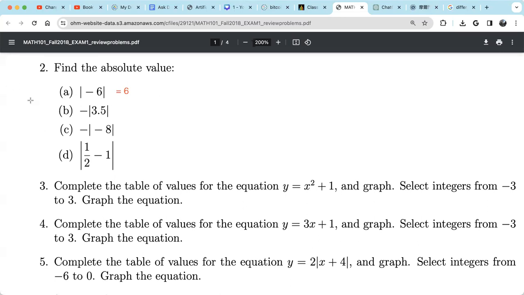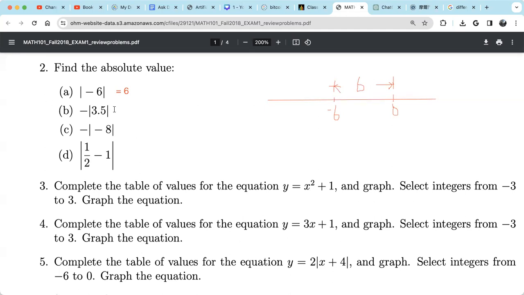Let me just illustrate the idea. 0 is here, -6 is here. Absolute value of -6 means we only care about how far this number is from the origin, which is 0, so the distance is 6.